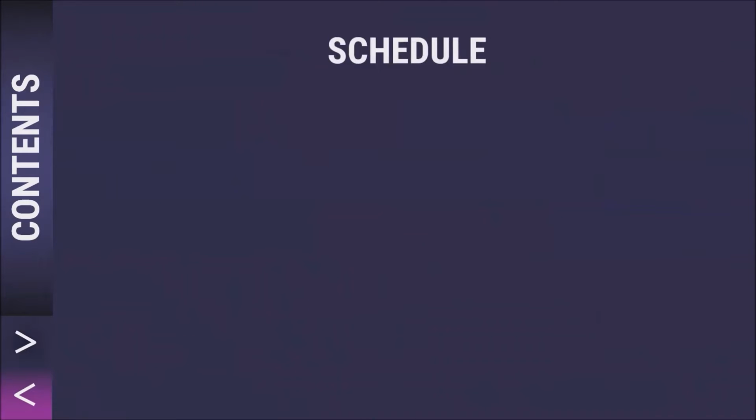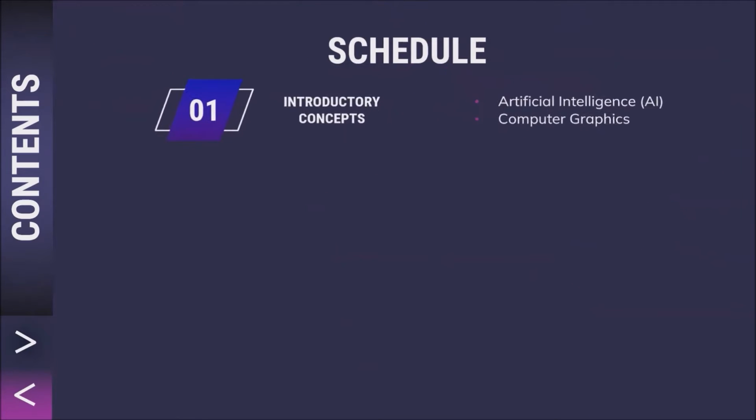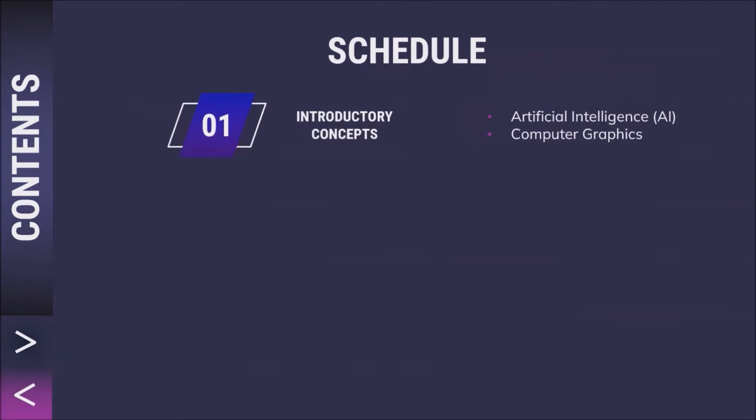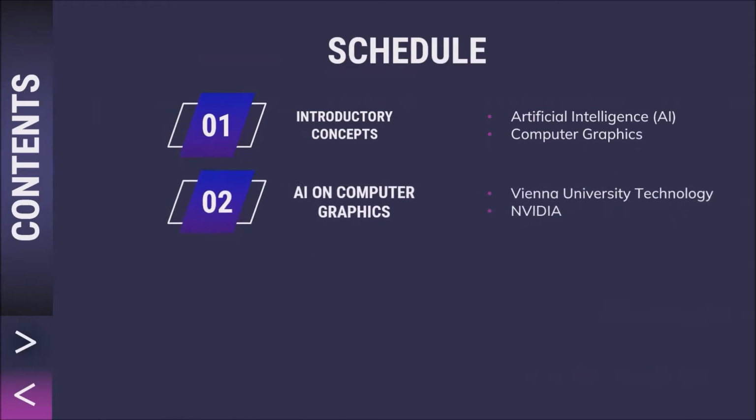First, this is the presentation schedule. I'm going to start the presentation introducing some concepts in order to bring you a context to understand or have a better idea of what we are talking about. Then I'm going to focus on determining the role of artificial intelligence in the process of generating and manipulating graphics.